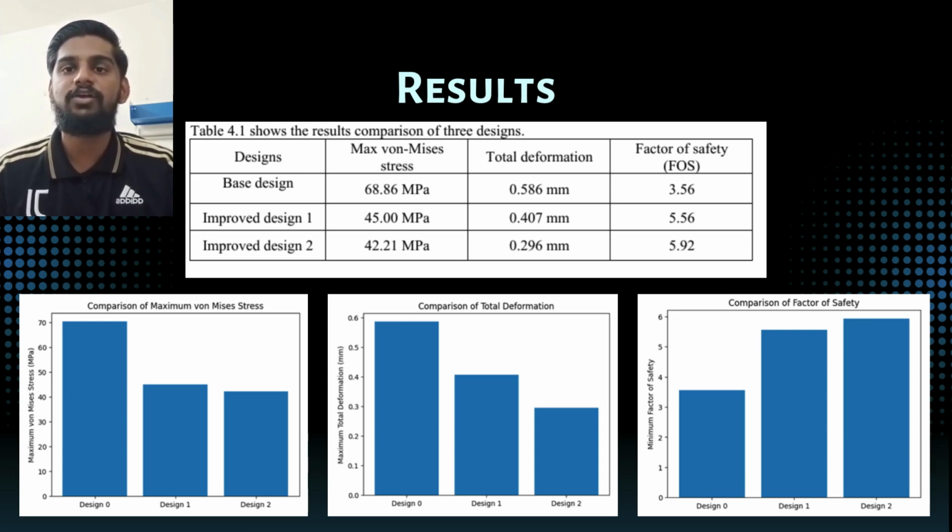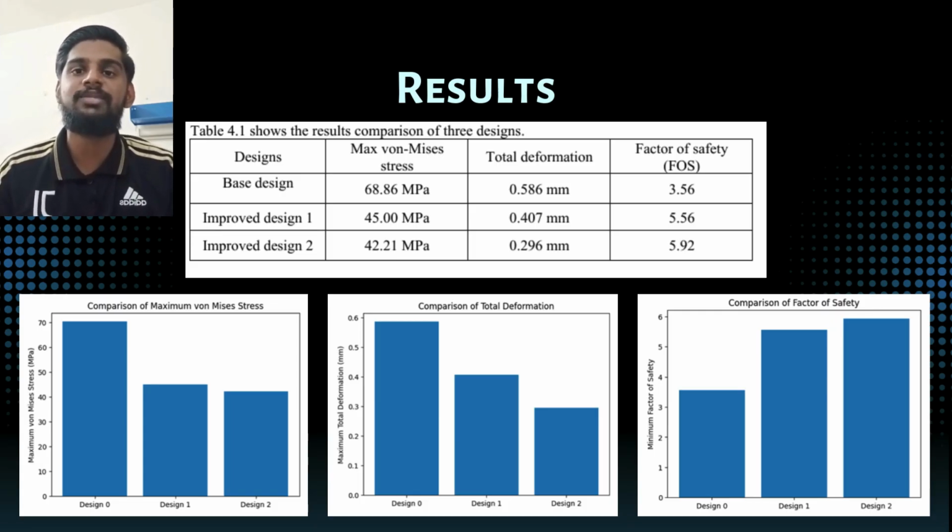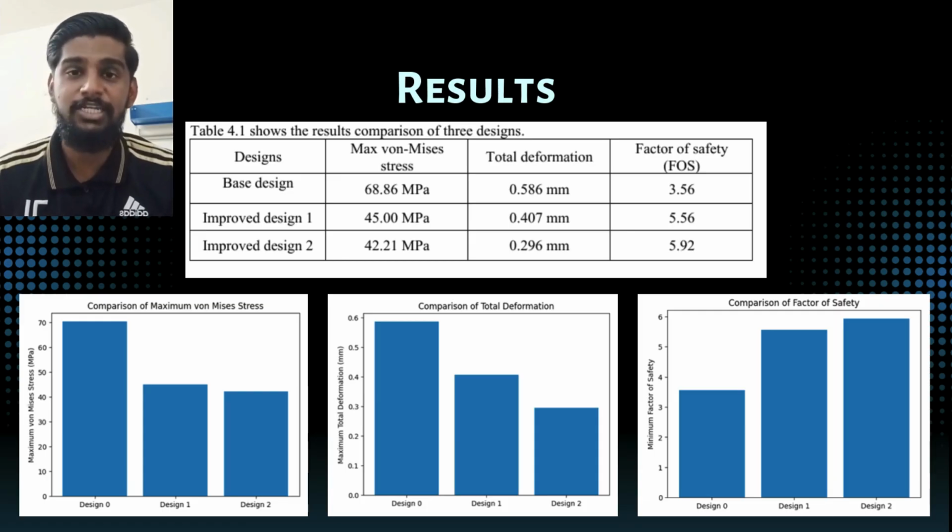The minimum factor of safety increased to approximately 5.92. From these results, it is clear that both design modifications improved the structural performance, with design 2 showing the best overall performance in terms of lower stress, lower deformation, and higher factor of safety.